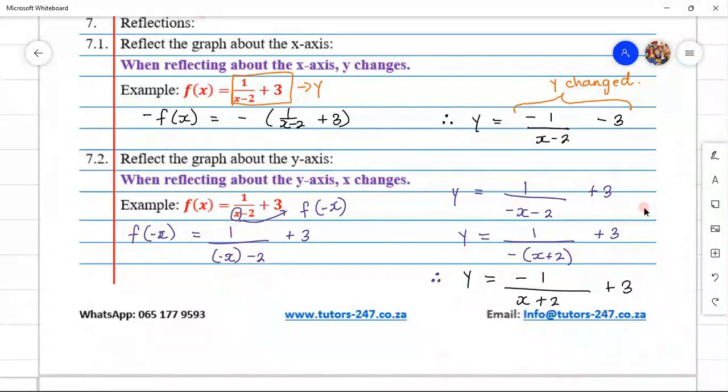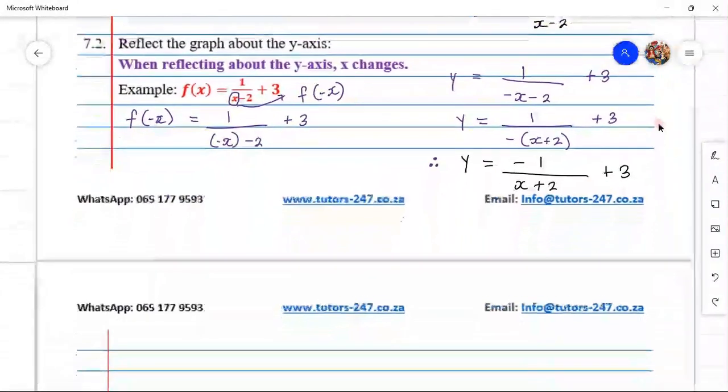Nothing else changes. Now, once we've put negative x into the position of x, we then need to factor out that negative and divide it with our value of a, which is our numerator, so that we don't have a negative denominator or that we don't have negative x. Now, let's move on.